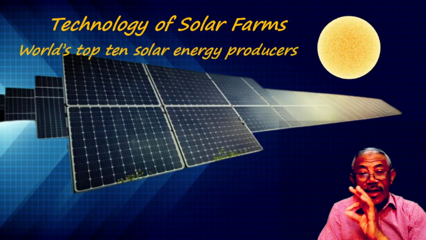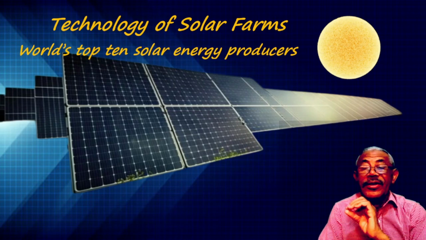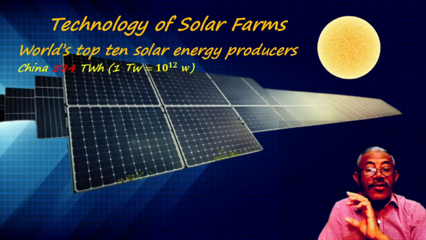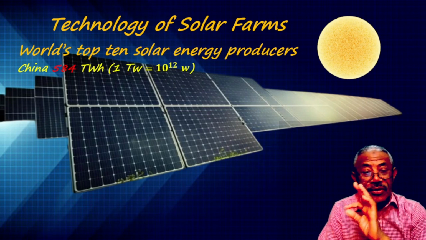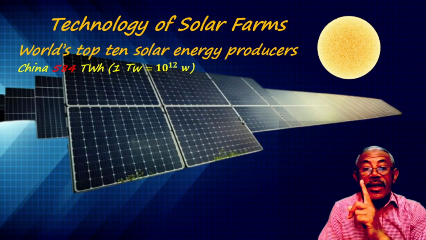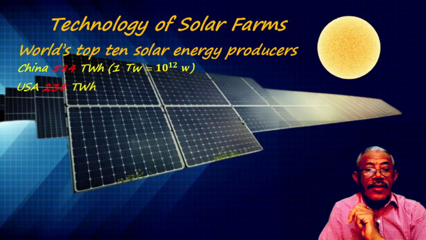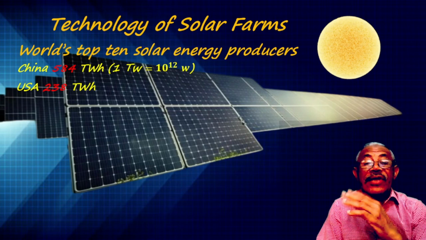World top 10 energy producers, solar energy producers. China with 584 terawatt. We must note that 1 terawatt equals a trillion watts. USA 238 terawatt, less than half of what China produces.